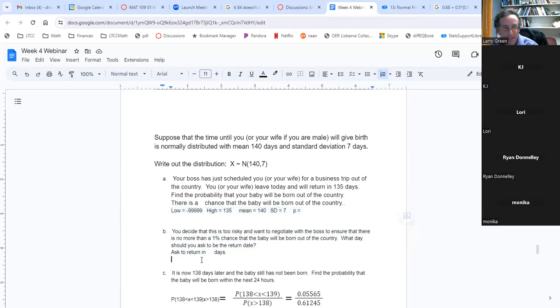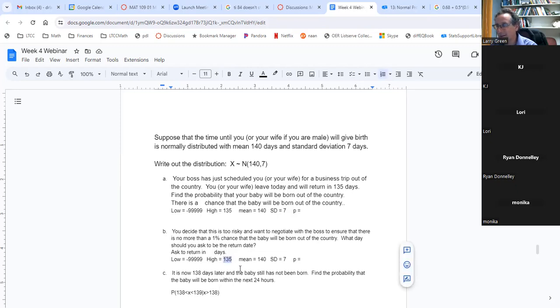So I'm going to copy and paste these low and high values. The low will still be negative 99999. What's the high in this case? Yeah, this one's blank, because that's what we don't know.